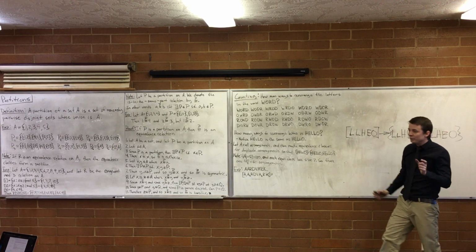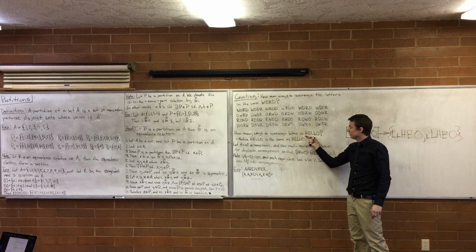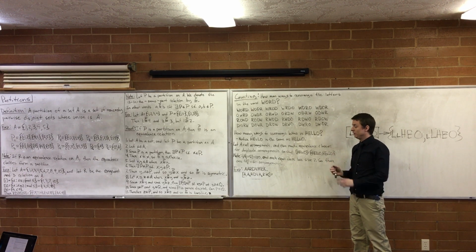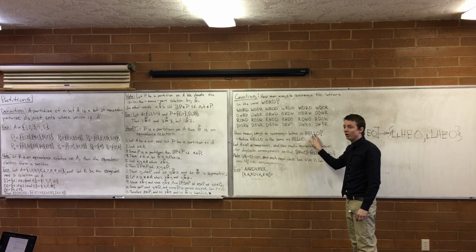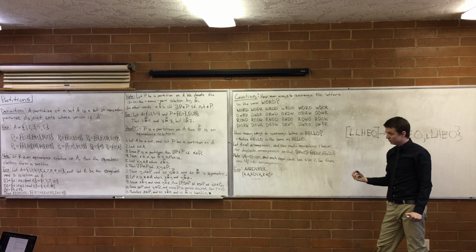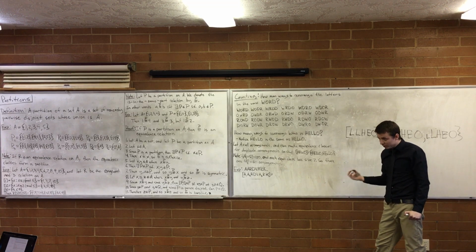Yeah, that makes sense. How many unique arrangements could I create with those letters? Yeah, so I can't say swap the 2 L's, oh, there's a different one, because that's not different. It's still just H-E-L-L-O. So that's what we're trying to count. And how do you count that?